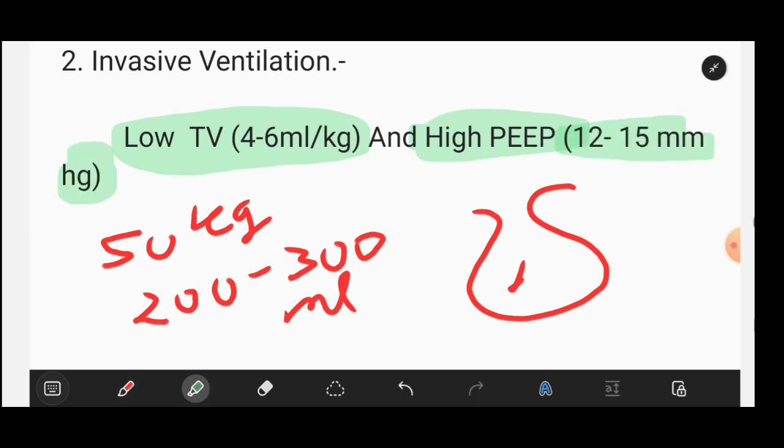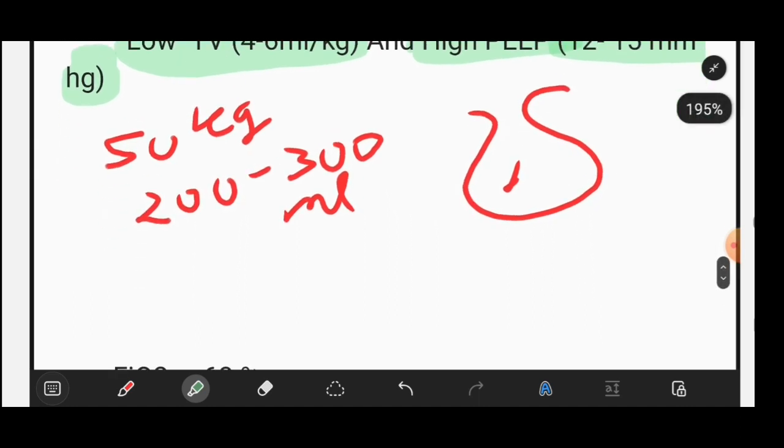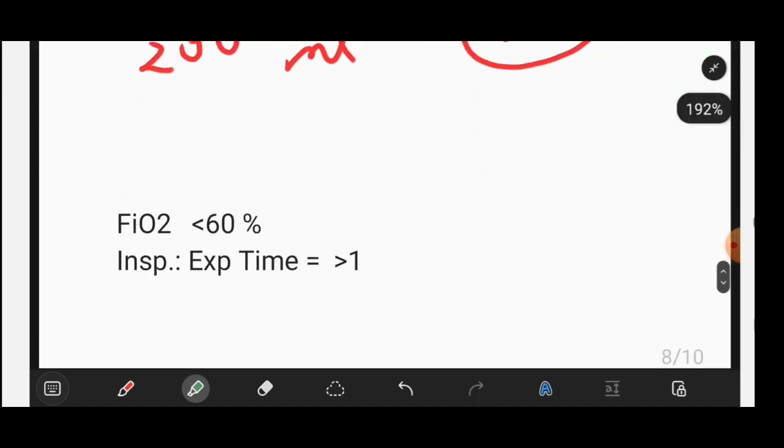So guys, this is very important. You have to learn these values. Now another setting is the FiO2. We have to keep FiO2 less than 60%, and the inspiration to expiration ratio should be more than 1, meaning the time taken by inspiration should be more and expiration time should be less.